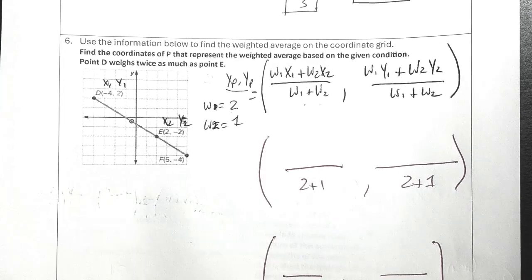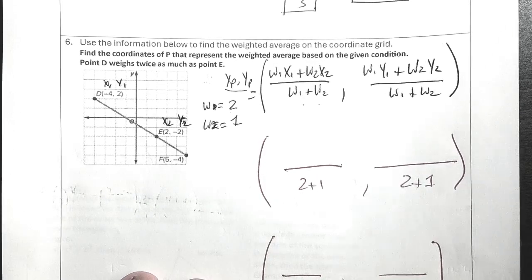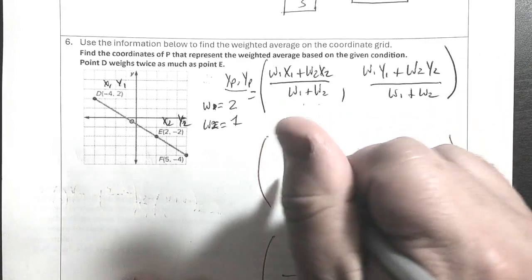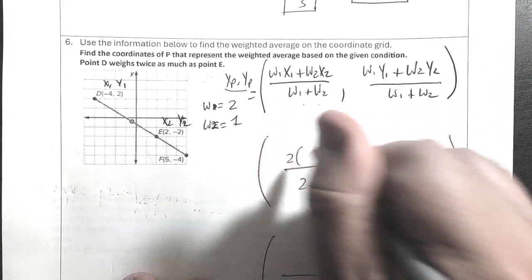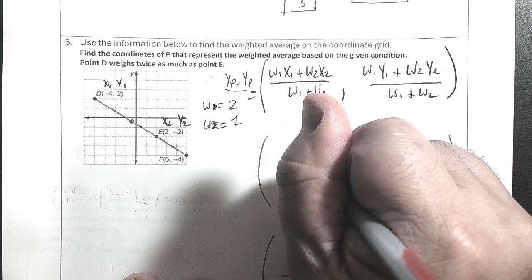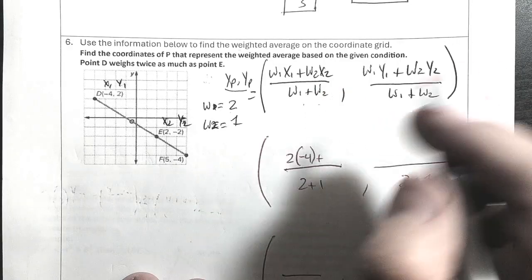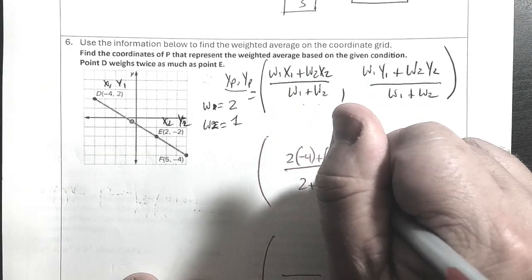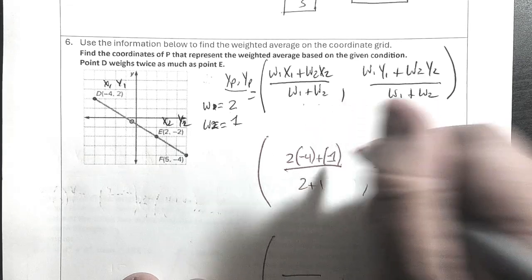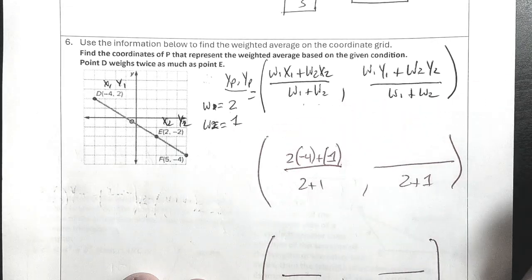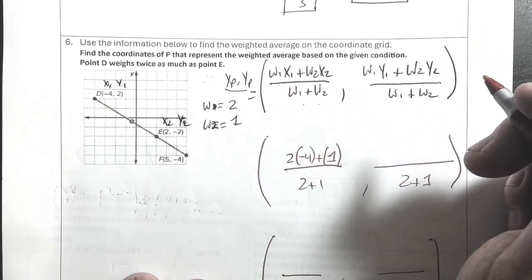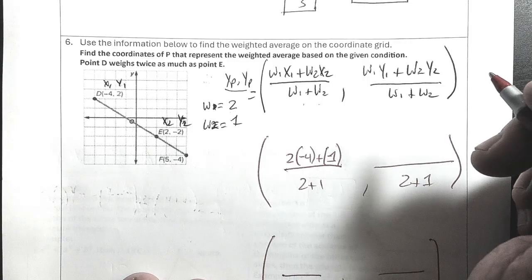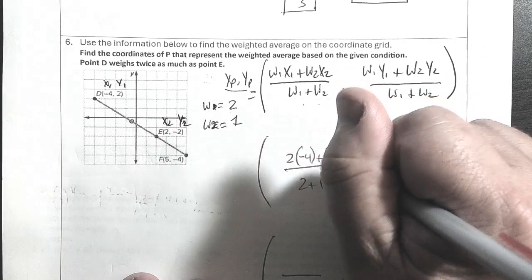But you can't see that because I'm not looking at the screen. All right, so weight 1 is 2. X1 is negative 4. And we say plus weight 2 is 1, sorry. And then X2 is 2.